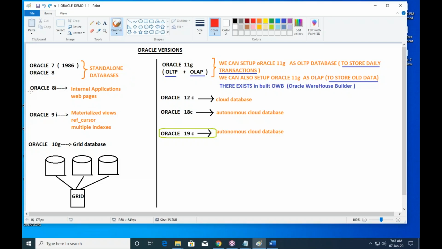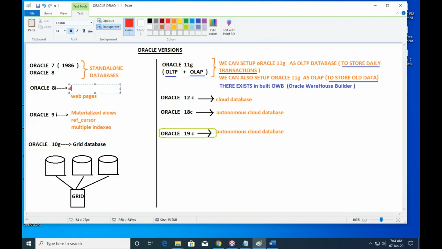After some time, they released Oracle 8i. In 8i, the i stands for Internet Applications. Internet applications means web pages.